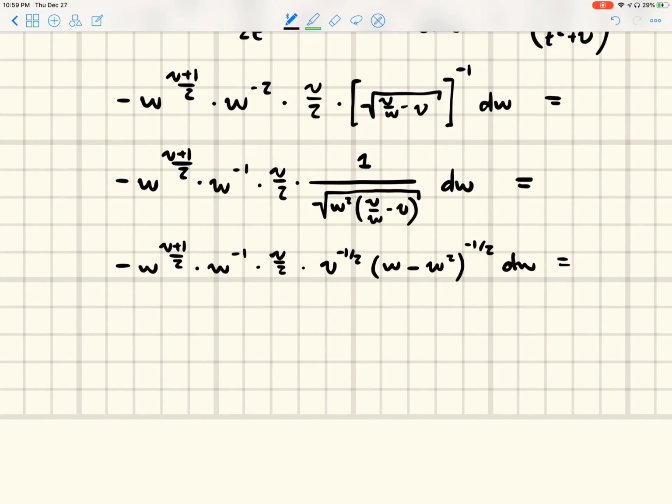and we can bring out a w again and get w to the negative 1, v squared times v to the negative 1/2 times w to the negative 1/2 times 1 minus w to the negative 1/2 dw.